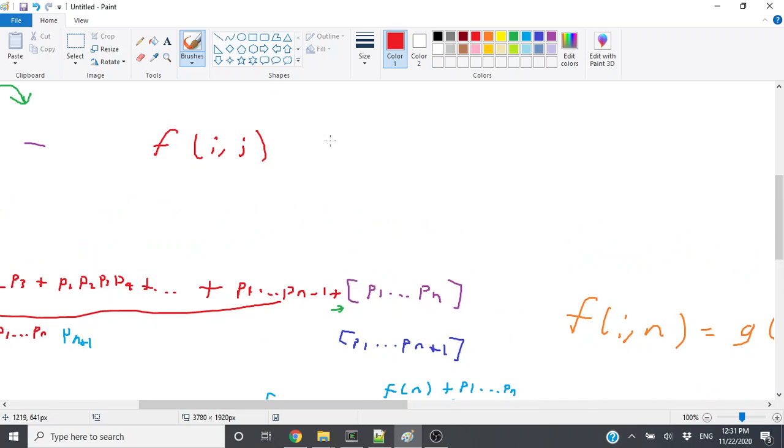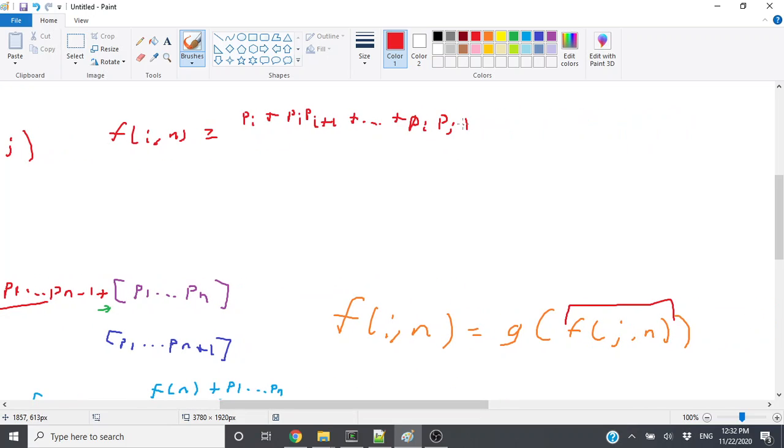So if we represent it like f of i n is equal to pi plus pi pi plus 1 plus dot dot dot plus pi up to pj plus dot dot dot plus pi up to pj plus 1 plus dot dot dot plus pn.